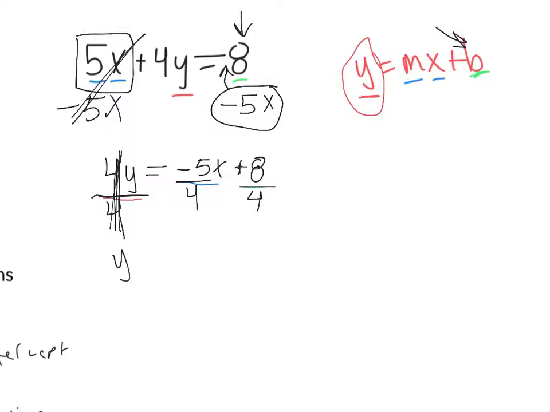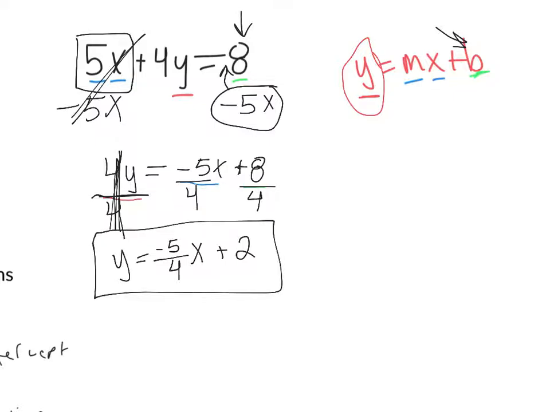So now we're left with y equals, and we have a negative 5x divided by 4, or I could say negative 5 over 4x, plus 8 divided by 4, which is 2. So now I've written my equation in slope-intercept form. And we can see here that I have a slope of negative 5 over 4, and I have a y-intercept of 2.